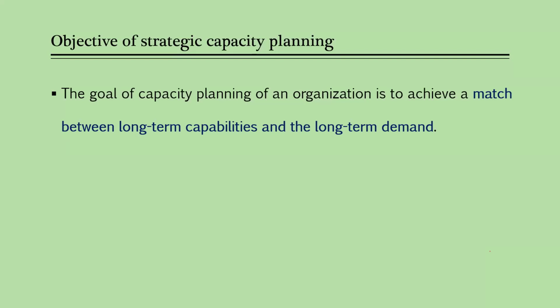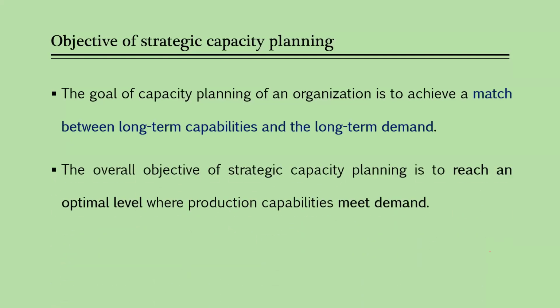And what is the market demand? Whether they can match them. An organization can produce 1,000, but market demand is 1,200. So whether they are able to match those capabilities and demand through this strategic planning. So that is the main goal.